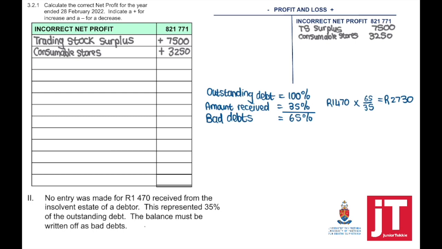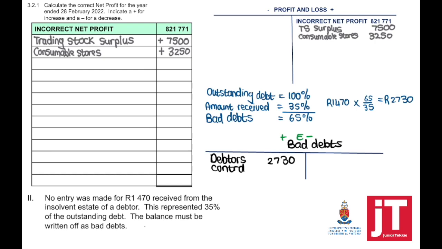We often make a mistake by just saying 1,470 times 65 divided by 100. 1,470 represents the amount which was received. Your bad debts will be debited, which means your expense will increase. If your expense increases, it will have a negative effect on the net profit. Make sure that you show your calculation in brackets.